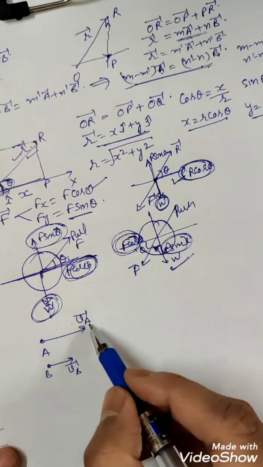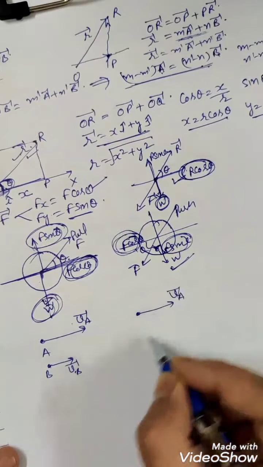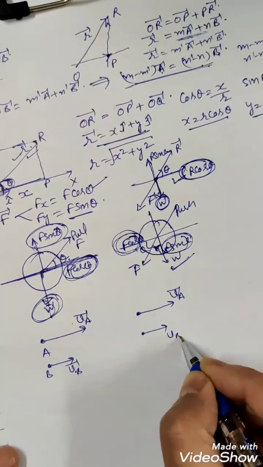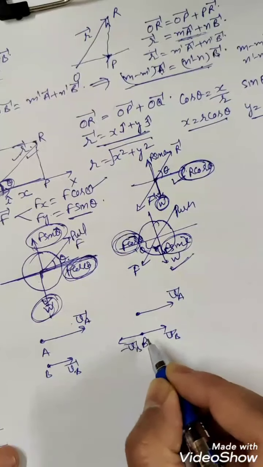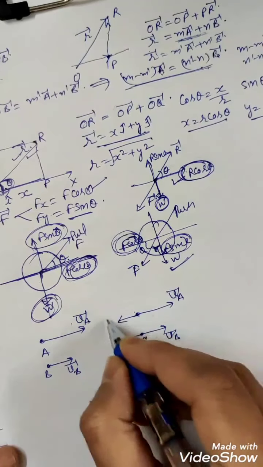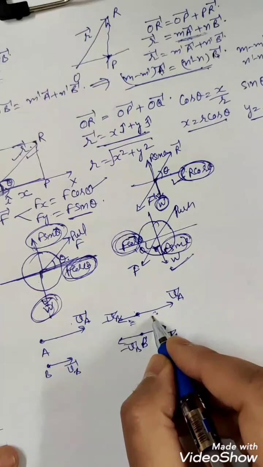We have to find the relative velocity of A with respect to B. We superimpose the negative of the velocity of B on both, so that B comes to rest, and here this negative decreases the magnitude because it is opposite.